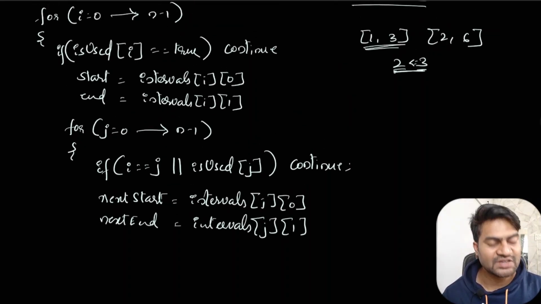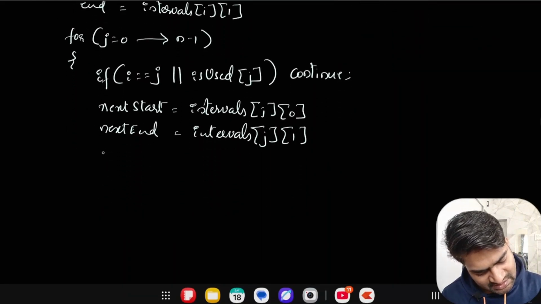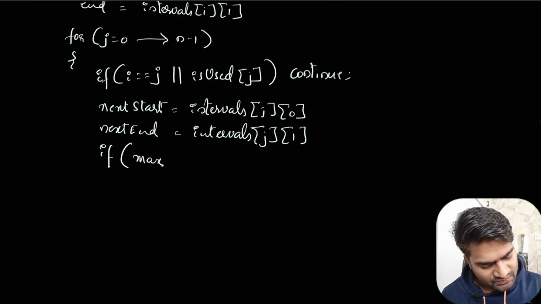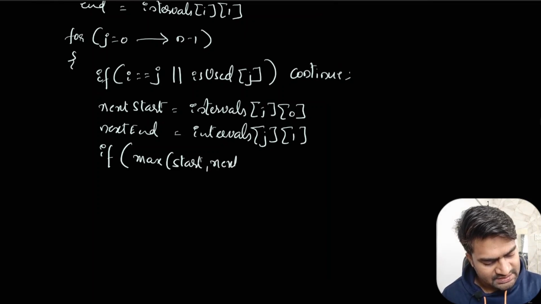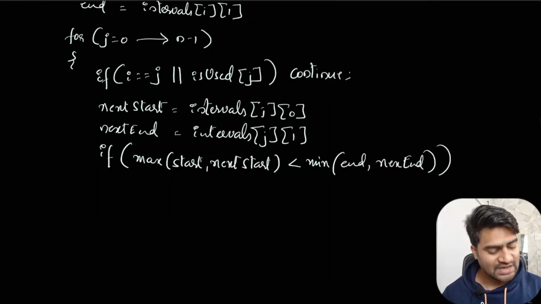If we are processing [1, 3], this is our next start and next end. Now I will use if max of start comma next start is less than or equal to min of end comma next end, then overlap exists.